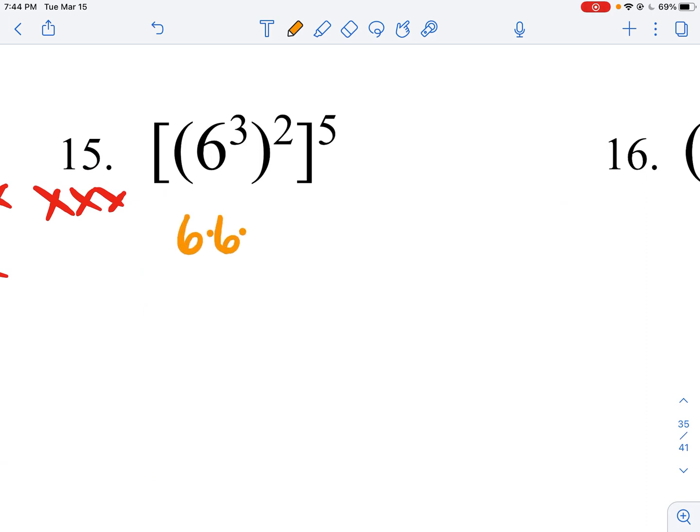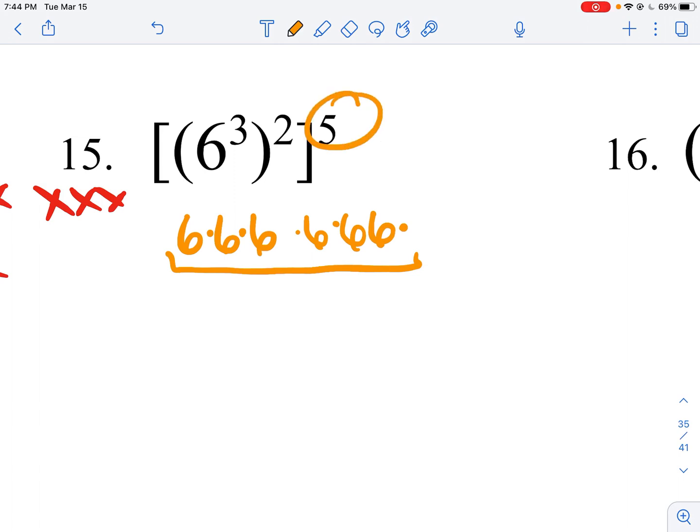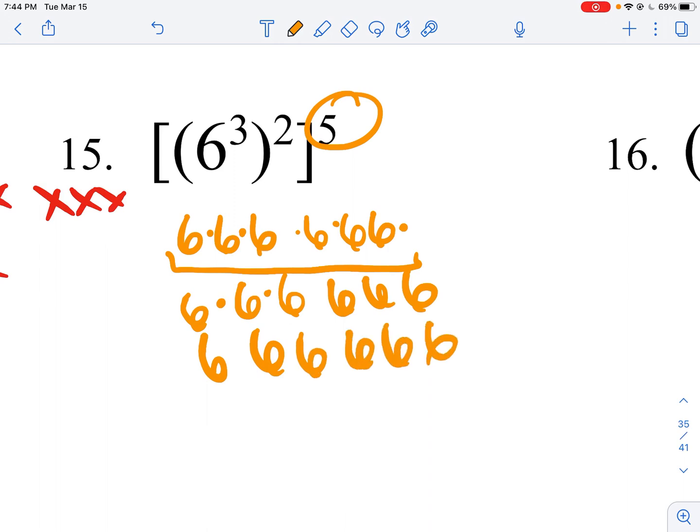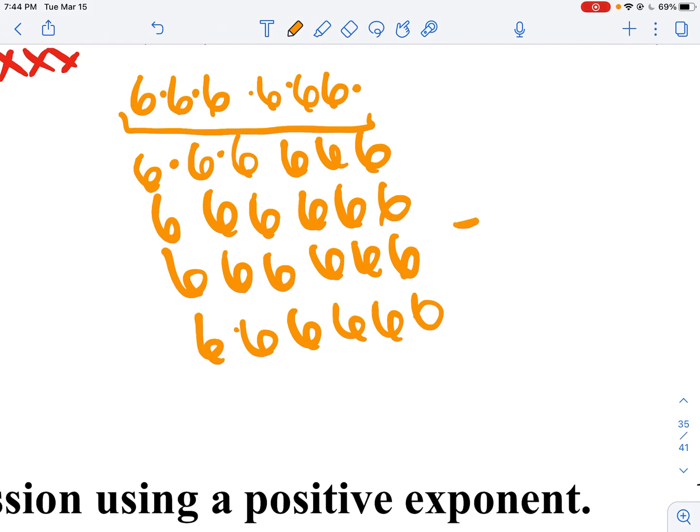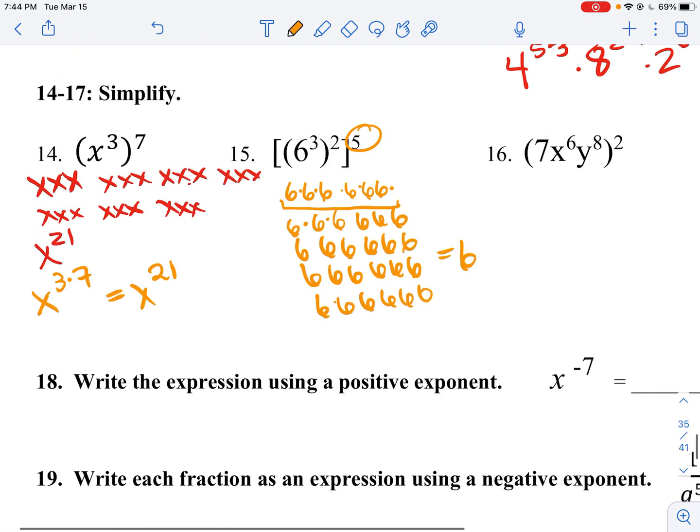This right here, I have 1, 2, 3 of these, and I write that 2 times. And then this, I'm supposed to write 5 times. So, how many 6s do I have?